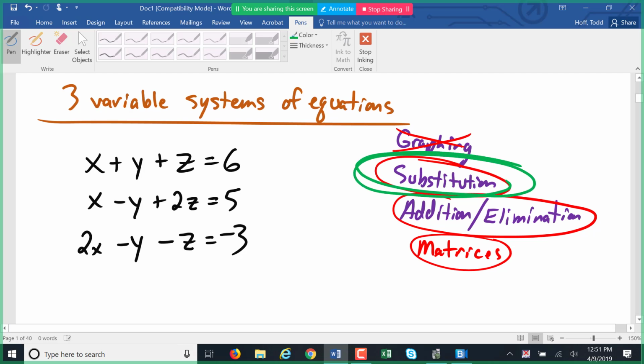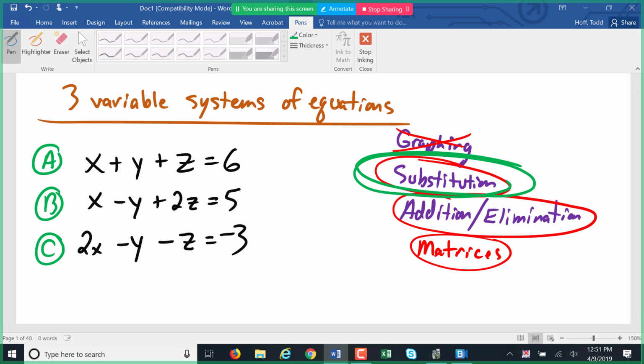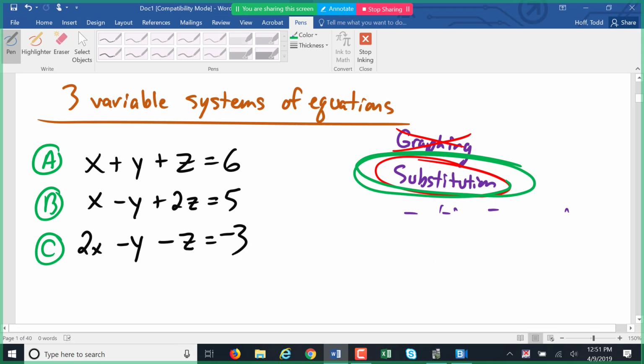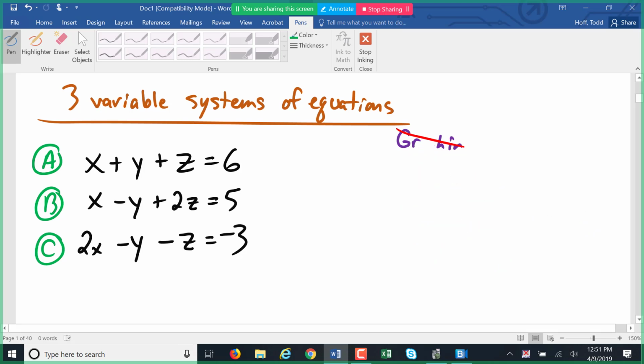We're going to start with that. For ease of reference, I'm going to label my equations A, B, and C. Remember, the first step in substitution is to solve one equation for one of the variables.